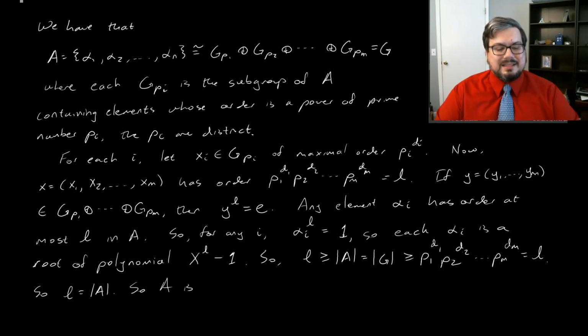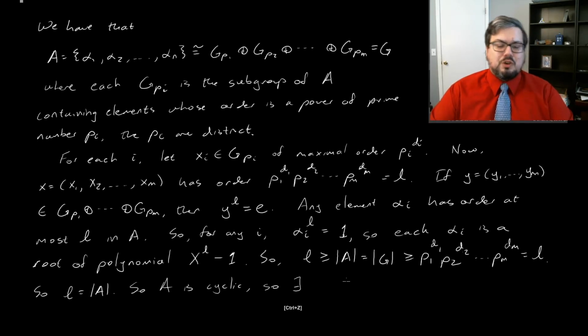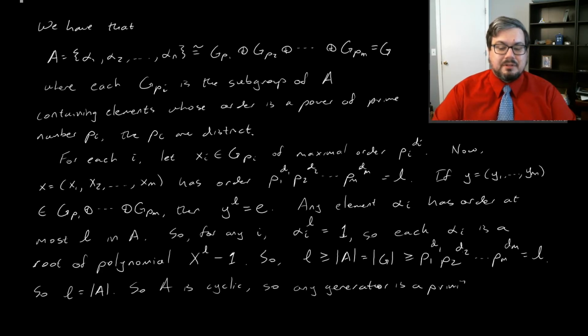So A is a cyclic group, and so that means that any generator of it as a group is a primitive nth root of unity.